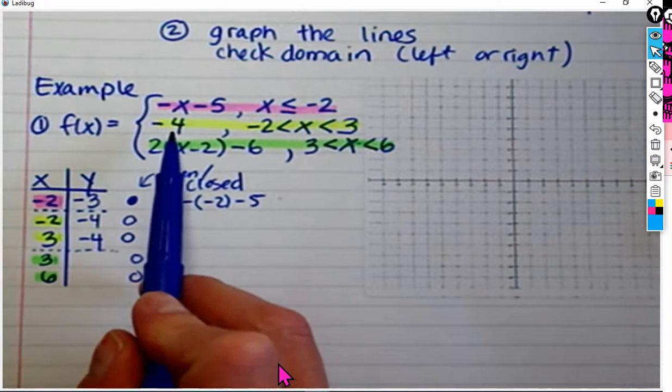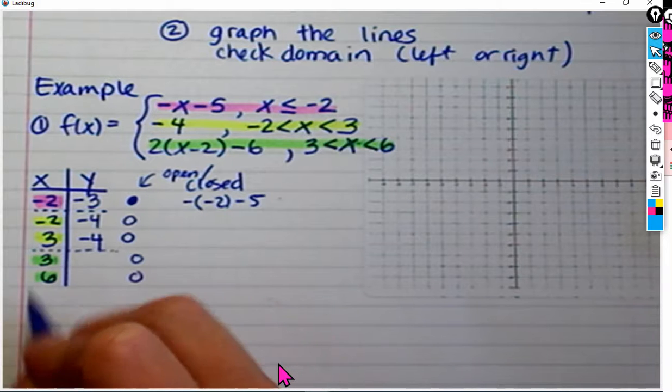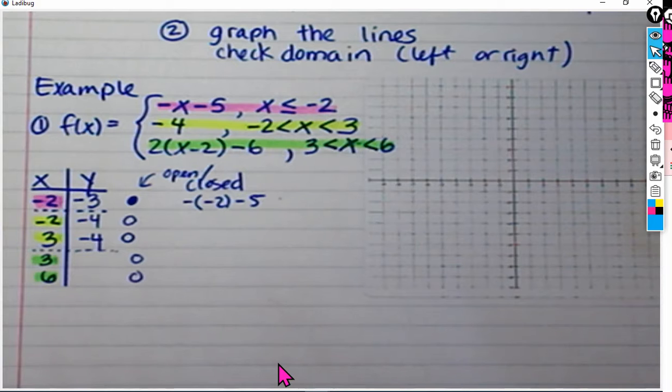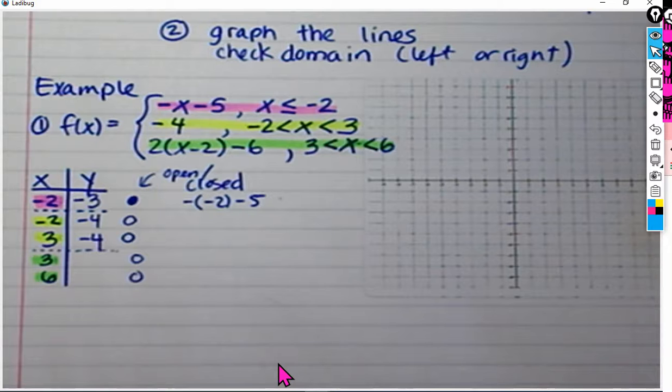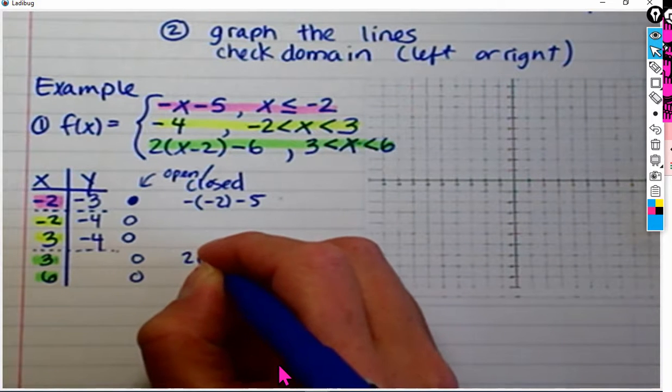Now the yellow part, there wasn't anything to plug into, so the result was just -4. Okay, so now I'm going to do the 3 and the 6, and they're both green. I know they're open points, but they're open points that correspond to the green piece. So let's do a little plugging in.